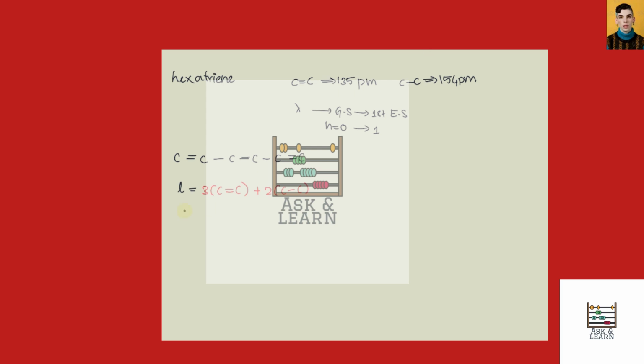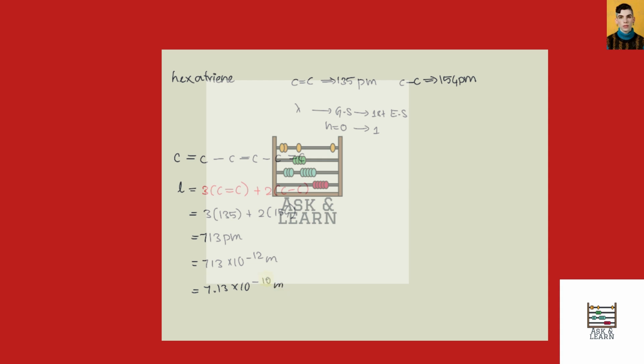So we substitute the values, that is 3 into 135 plus 2 into 154. On solving this, it is equal to 713 picometer. Converting this into meters, 713 into 10 to the power minus 12 meter, which is equal to 7.13 into 10 to the power minus 10 meter.